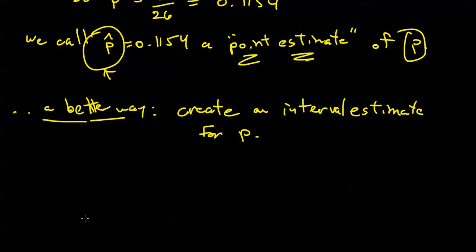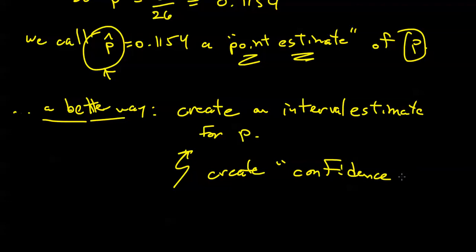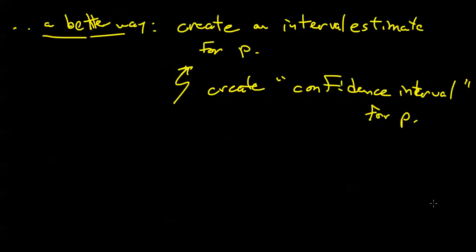Interval estimate, well, the common language that's evolved here is we create what we call a confidence interval for little p. Okay? Alright, and we'll do it in this way.